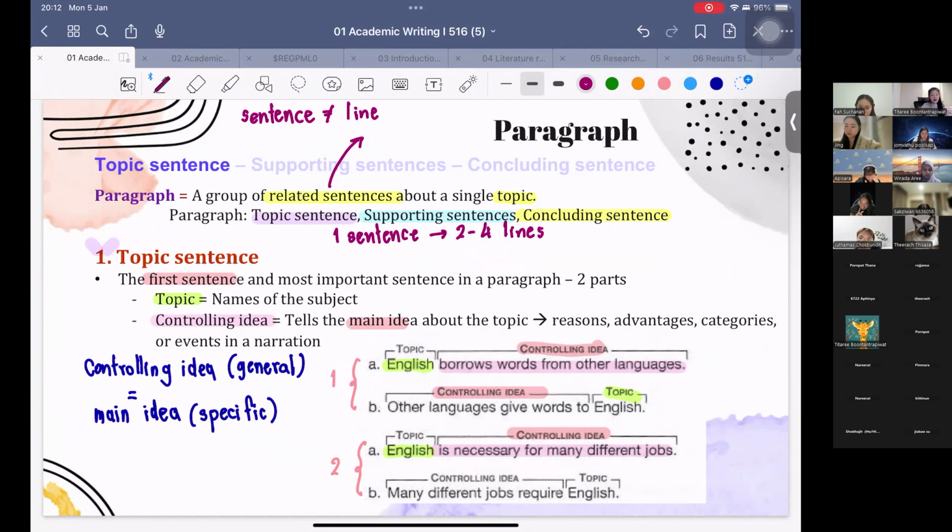Too short means 1 line, definitely. Academically, maybe 1 or 2 would be okay, but we're probably not going to see a lot of 1-line sentences in academic writing. However, you might see 2 or 3 lines, that's okay. Normally, in my opinion, if you're going to write a sentence, keeping it less than 4 lines would be better.